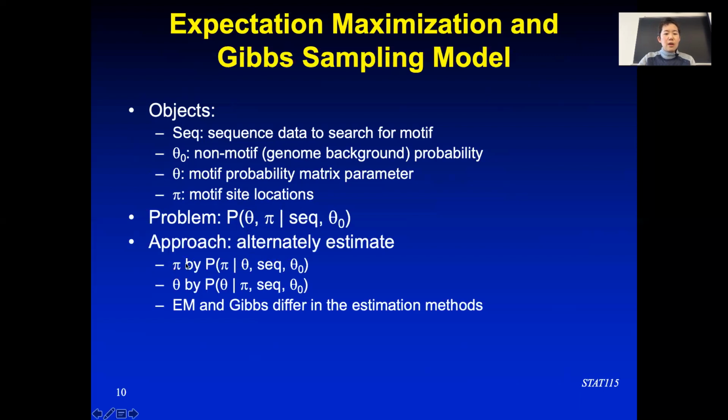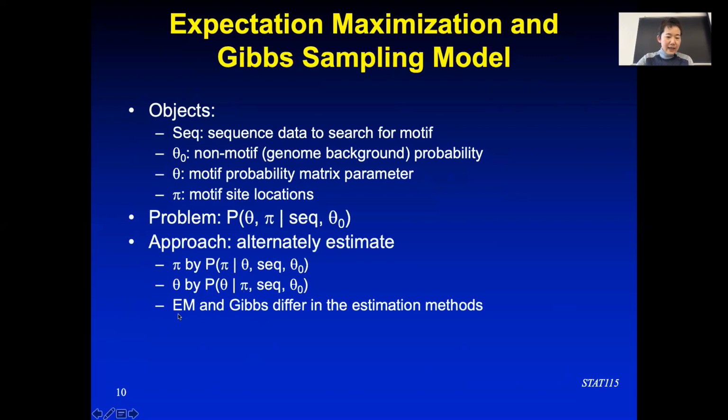We randomly initialize some matrix, for example. And then we try to estimate the pi. And once we know the location of the motif, we estimate the matrix again. And they just iterate. And magically, these algorithms will converge on some enriched motifs, which is hard to imagine, but they did.